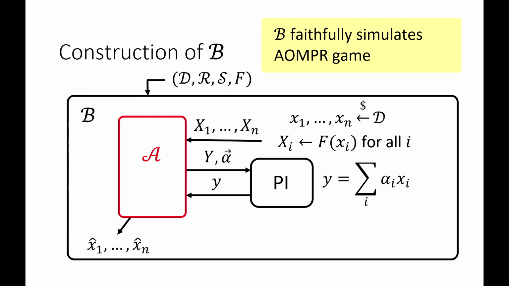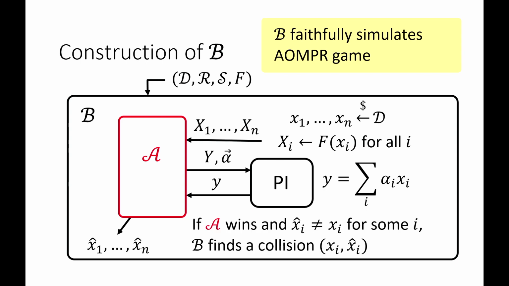After A returns, if A wins and the output of A is not exactly the same as the one generated by B, then B can find a collision. This is because both x_i and x_i hat are now in the preimage of big X_i under f.